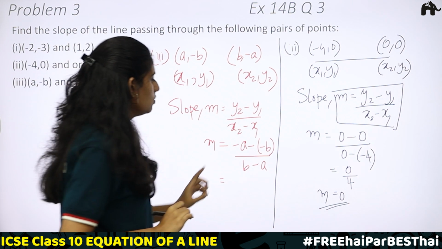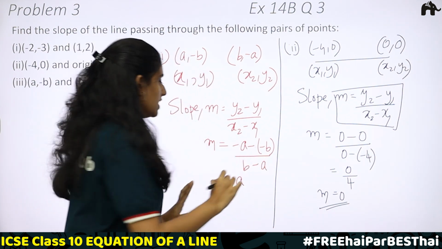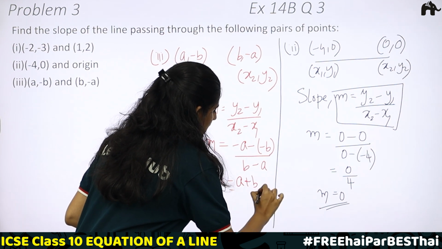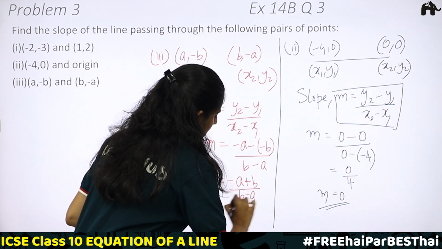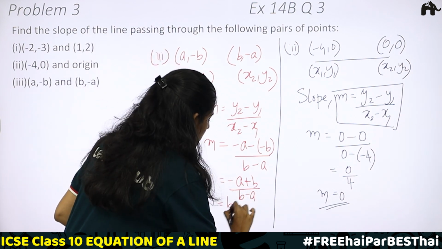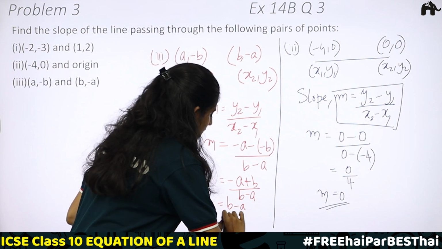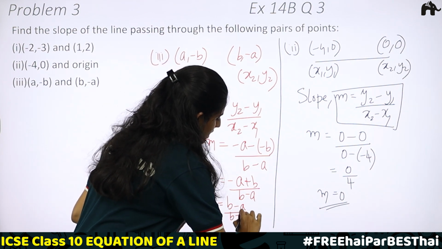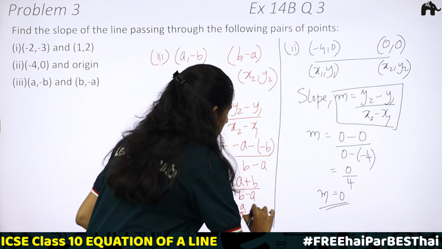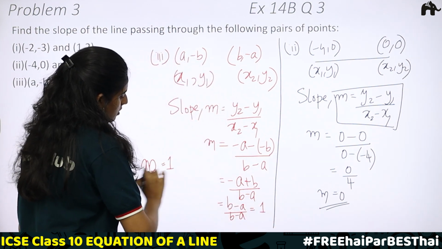That is equal to, here we have minus a, minus of minus b is plus b, divided by b minus a, which is minus a plus b is also equal to b minus a. Rearranging this, we get b minus a in the numerator and we already have b minus a in the denominator, which means the slope m is equal to 1. Here the slope m is equal to 1.